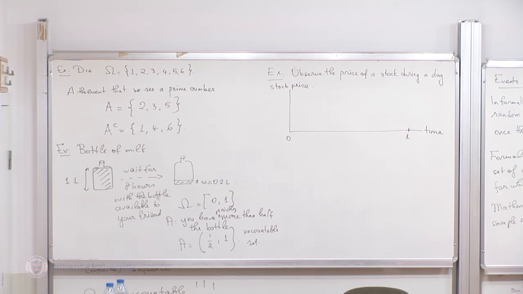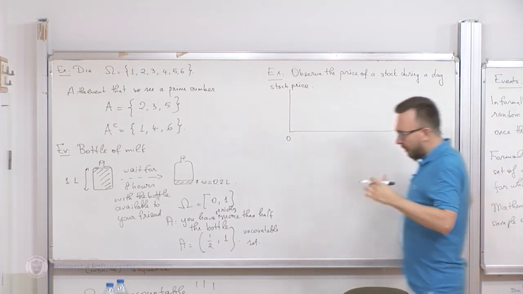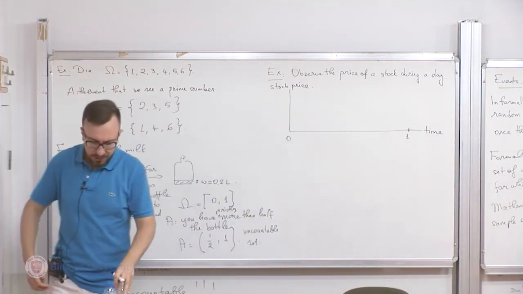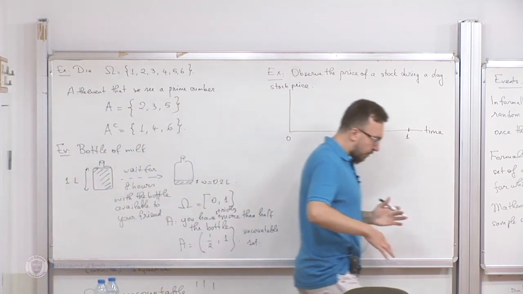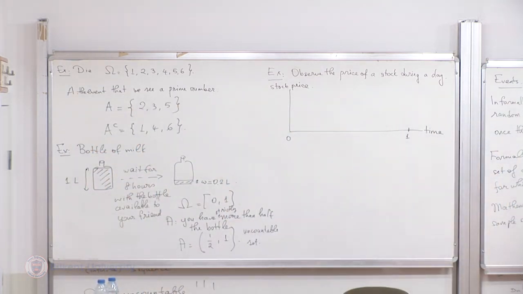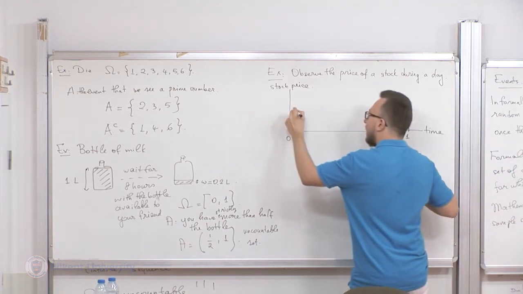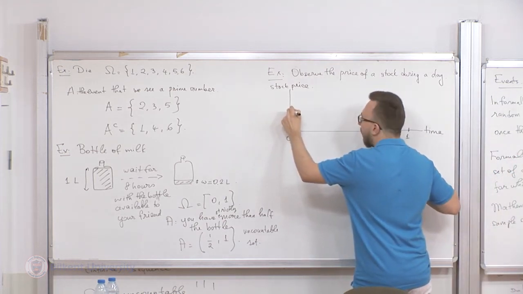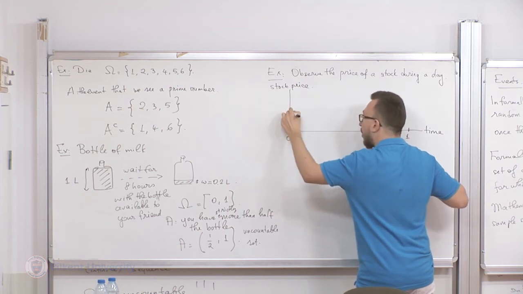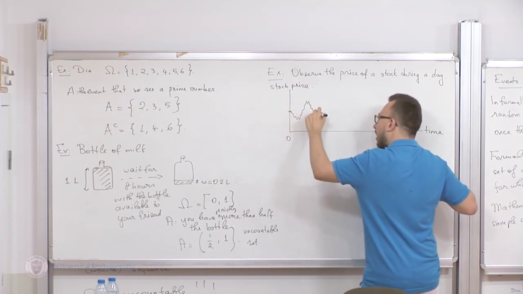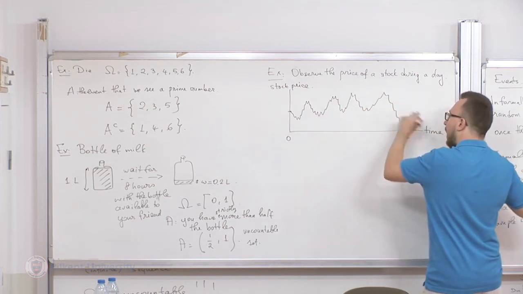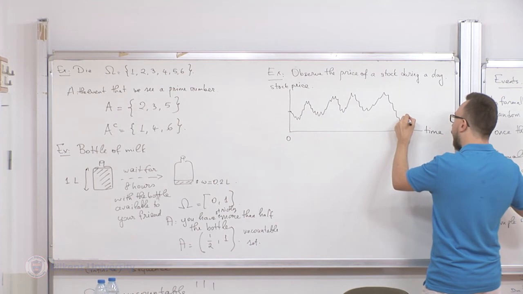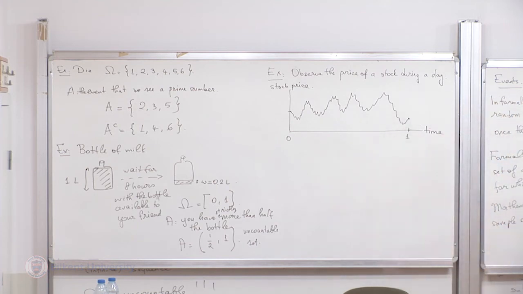Okay. So first of all, before even talking about an event, let's give a description of the sample space. Well, the stock price fluctuates a lot during the day, so it will follow a path like this. Let's say it starts from somewhere that you know, or maybe even you don't know, anyway. So it fluctuates like this and finishes the day somewhere, like here.